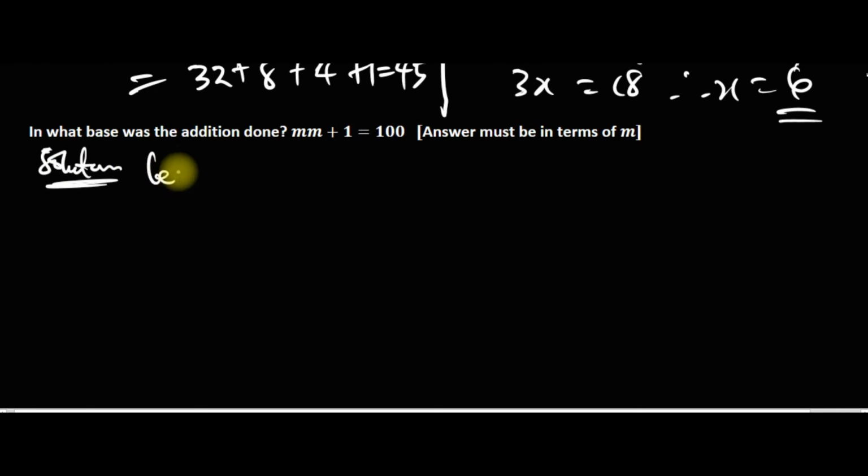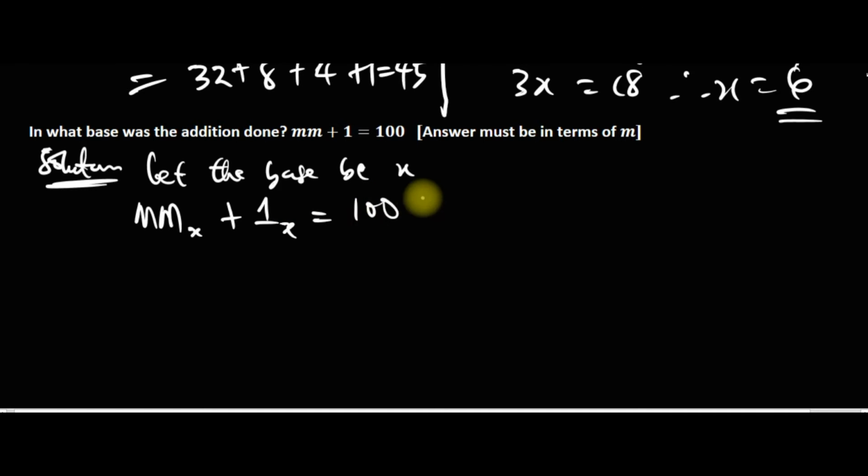So let the base be x. So we have m in base x plus 1 in base x equal to 100 in base x. Let's now convert to base 10.